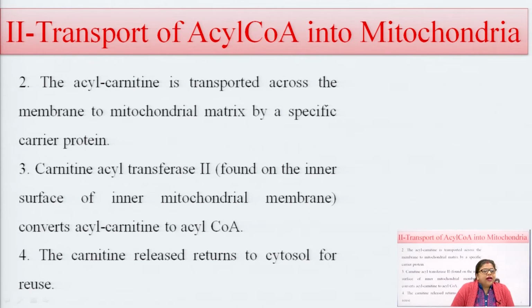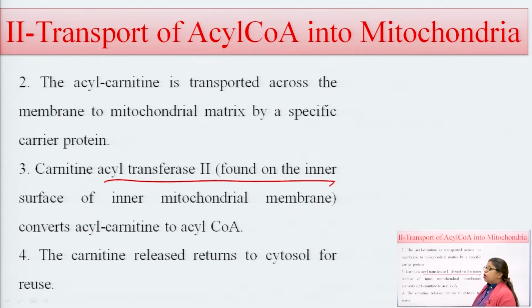Acyl carnitine is transported across the membrane by a specific carrier protein, the translocase. Carnitine acyl transferase second, present in the inner mitochondrial membrane, converts acyl carnitine back to acyl coenzyme A. The carnitine released here is returned to the cytosol for reuse.